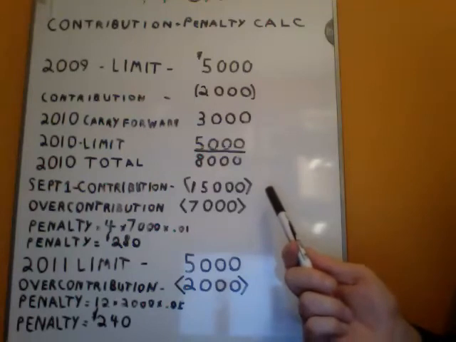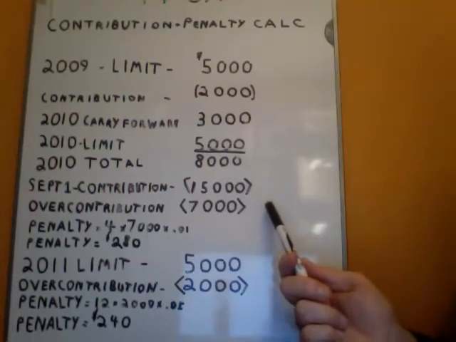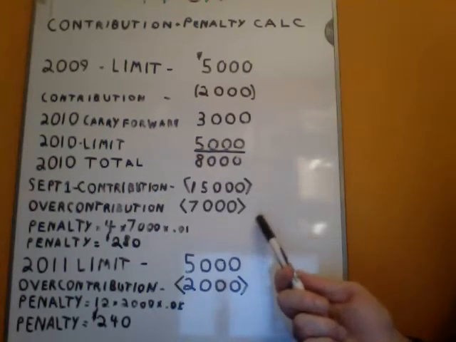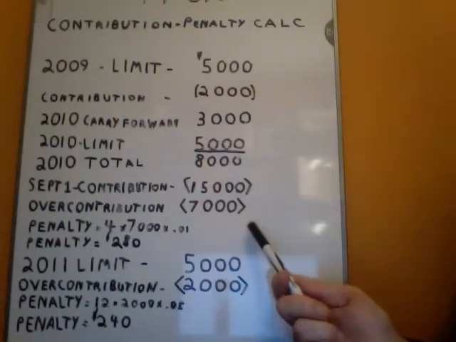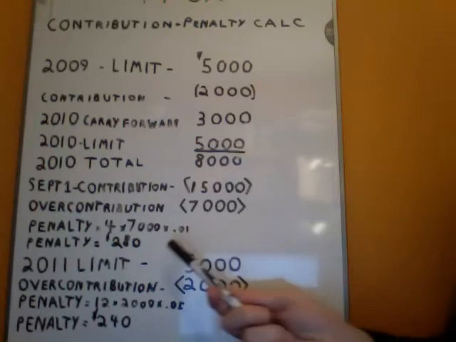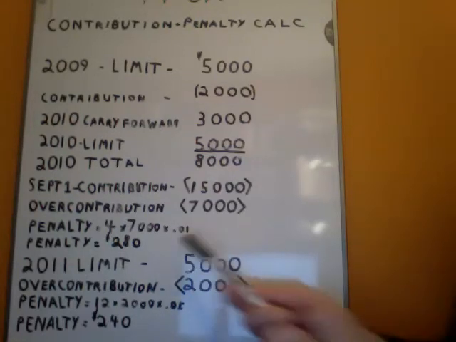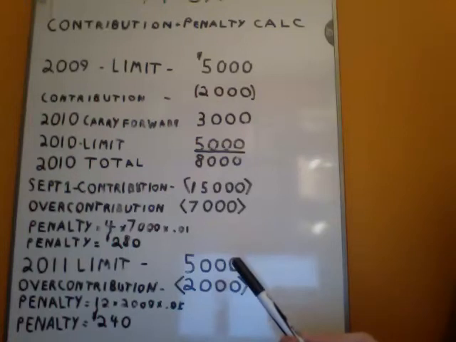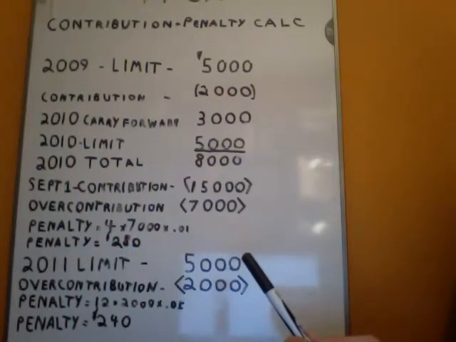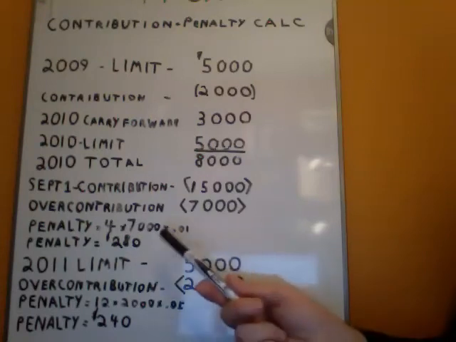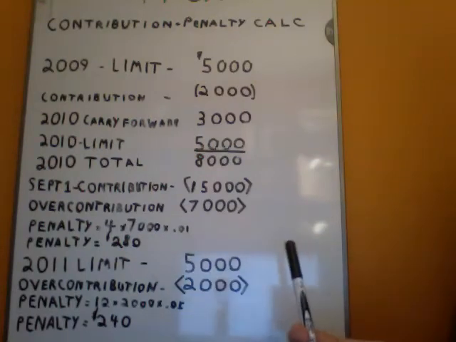So he has 4 months of over contribution in the year 2010. So we calculate the penalty as 4 months times $7,000 times 1%, giving you $280. He would have to pay that $280 by June 30th, 2011, or he would be subject to an additional 15% penalty on top of that $280.